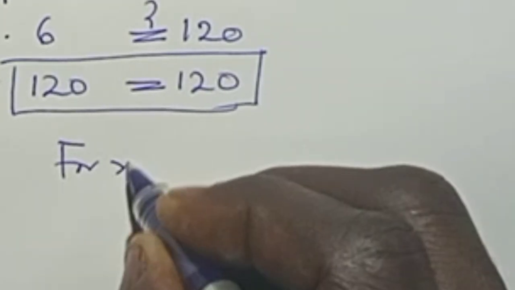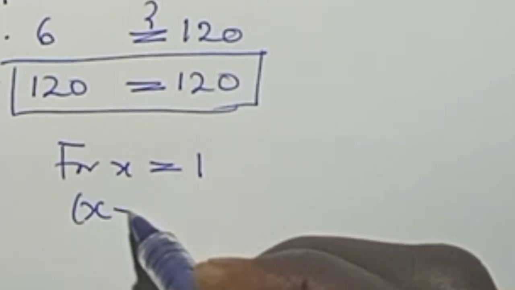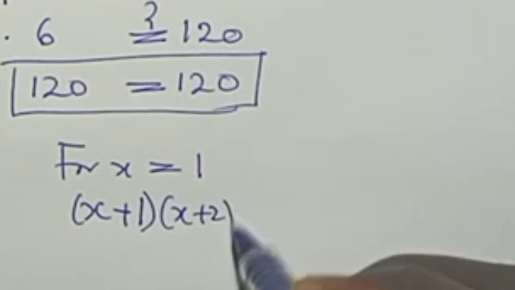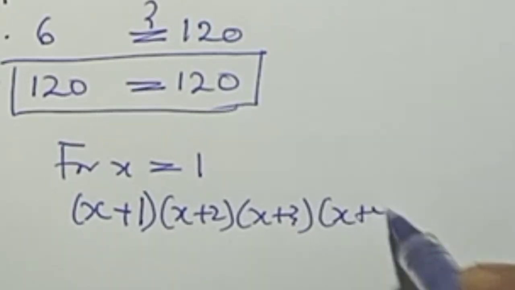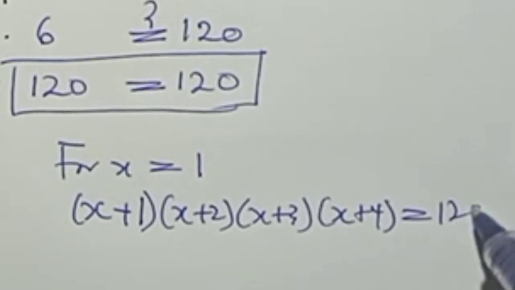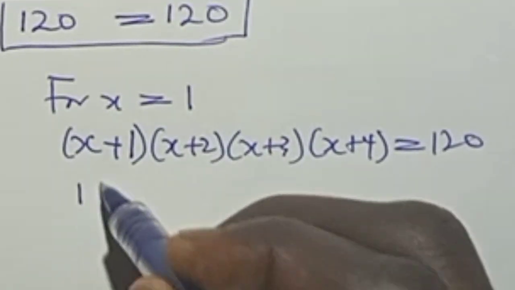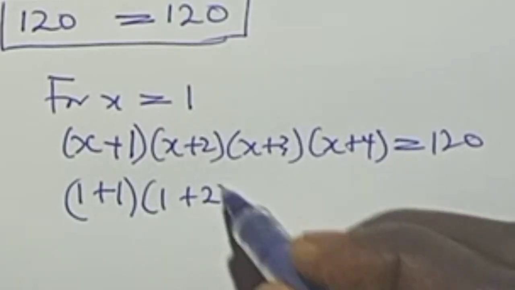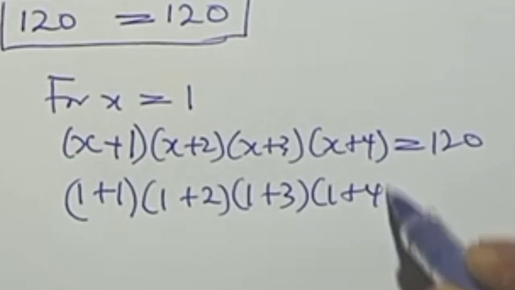So for s equals 1, s plus 1, s plus 2, s plus 3, s plus 4 equals 120. So again, 1 plus 1 times 1 plus 2 times 1 plus 3 and 1 plus 4.